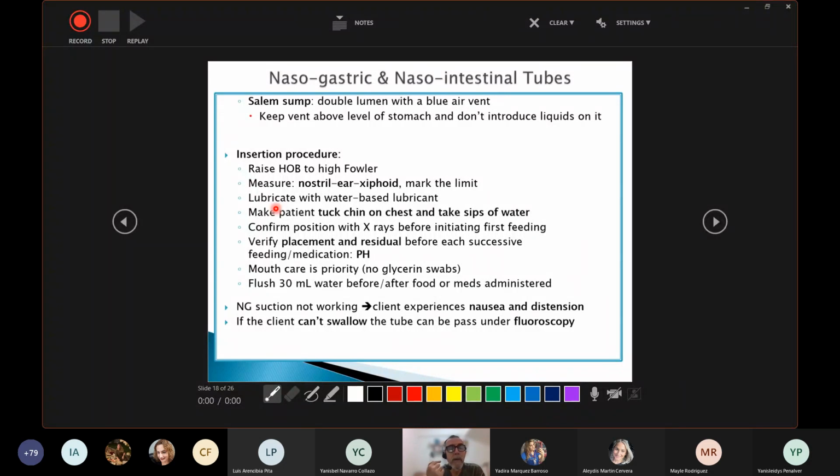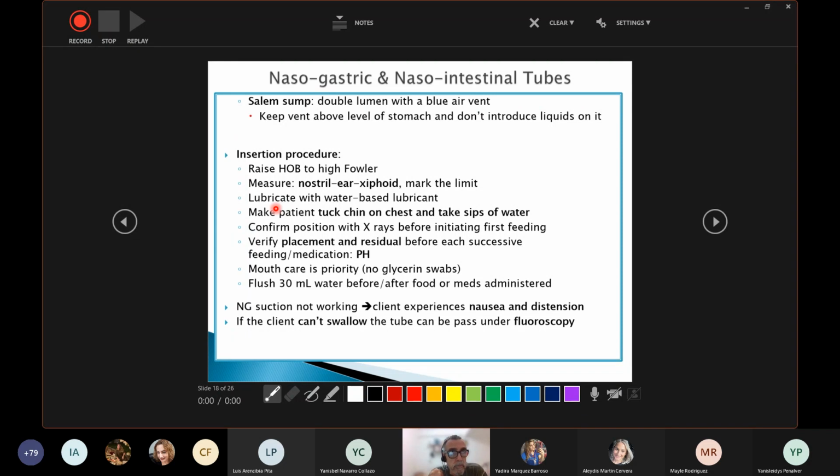But then while you advance the tube through the nasal cavity toward the throat, with a continuous but careful movement, you ask the client to flex the neck. So tuck the chin on the chest. If you extend the neck, the tube will go to the trachea. If you flex the neck, the tube will go to the esophagus.